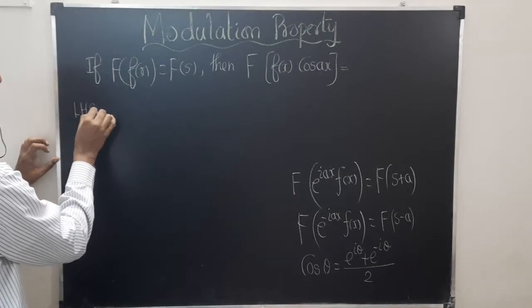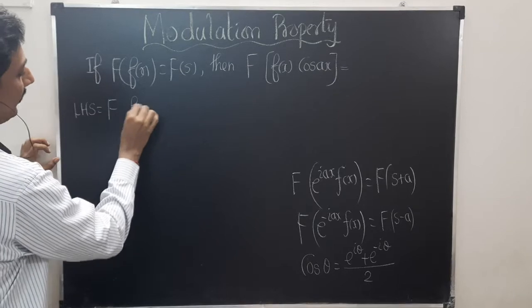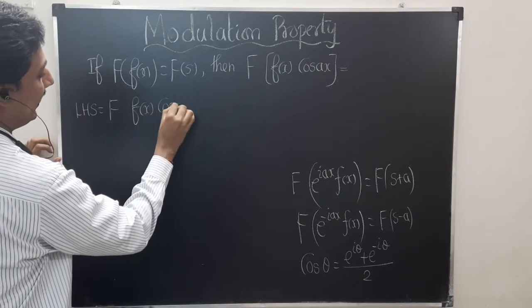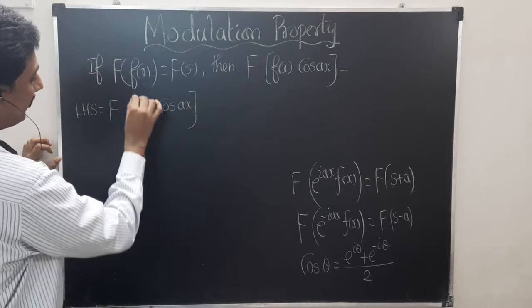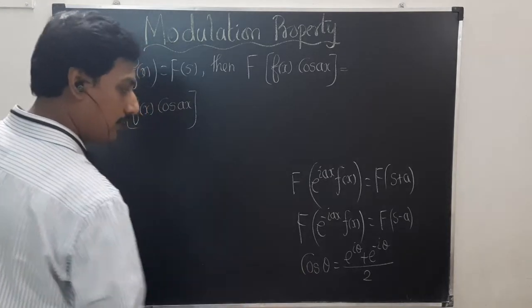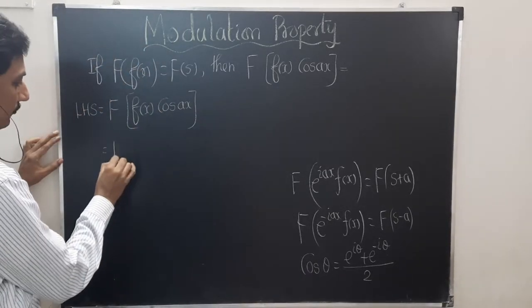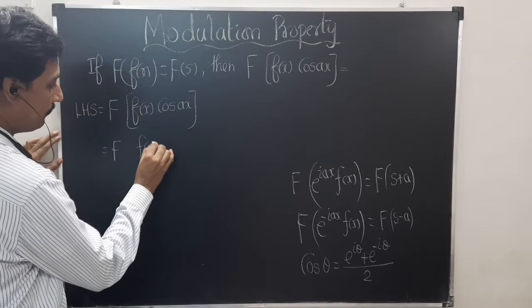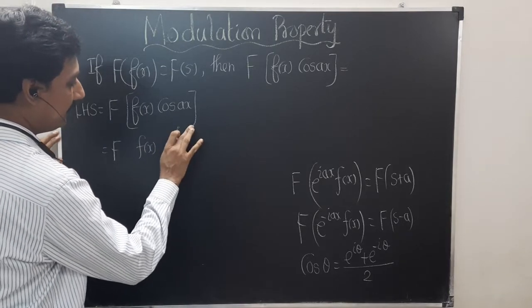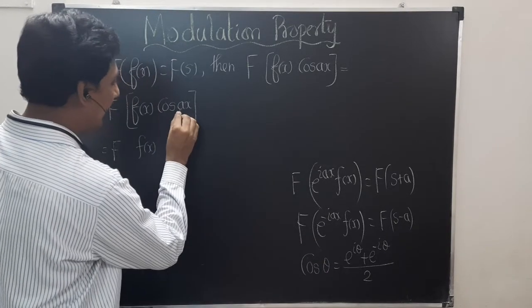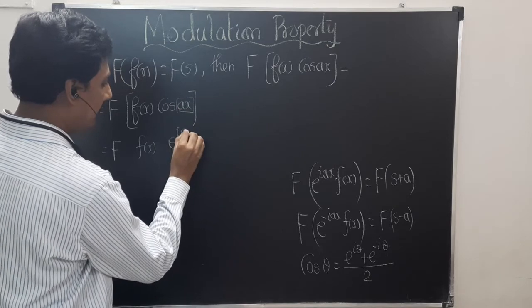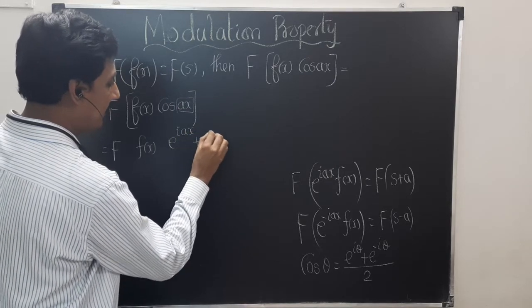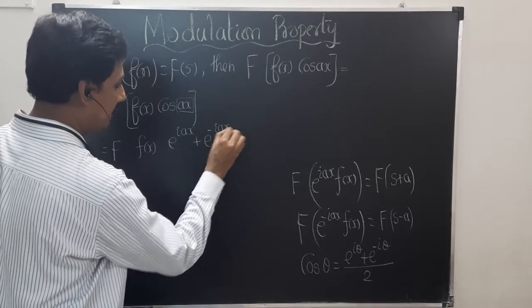So now the proof. The left hand side is the Fourier transform of f of x into cos ax. I can rewrite cos ax with the help of the result cos theta equal to e to the power i theta plus e to the power minus i theta by 2. In the place of theta, here it is ax, right? So the Fourier transform of f of x into e to the power iax plus e to the power minus iax by 2.